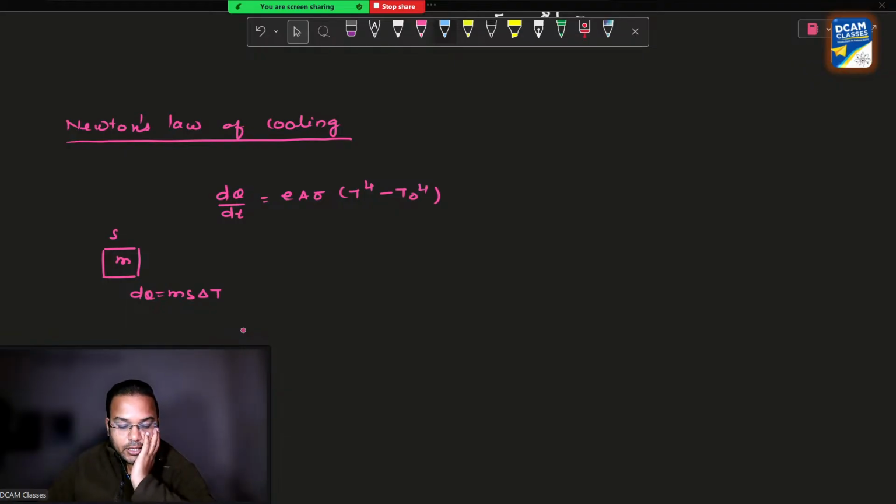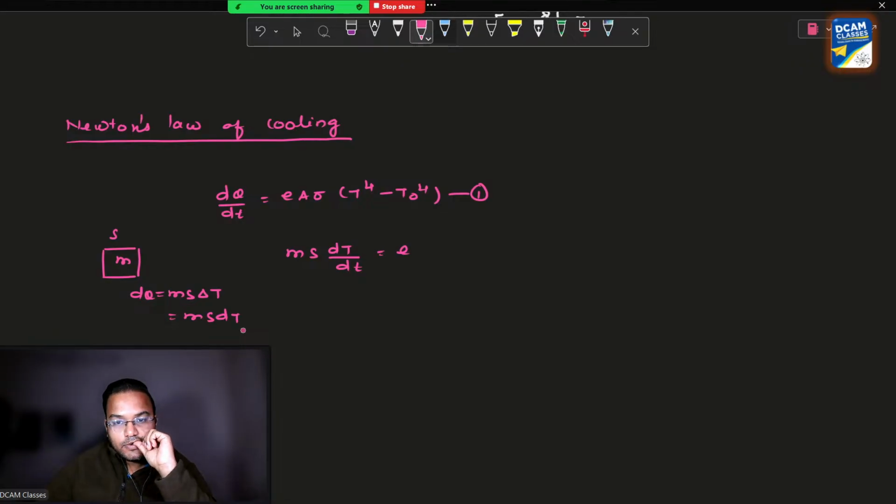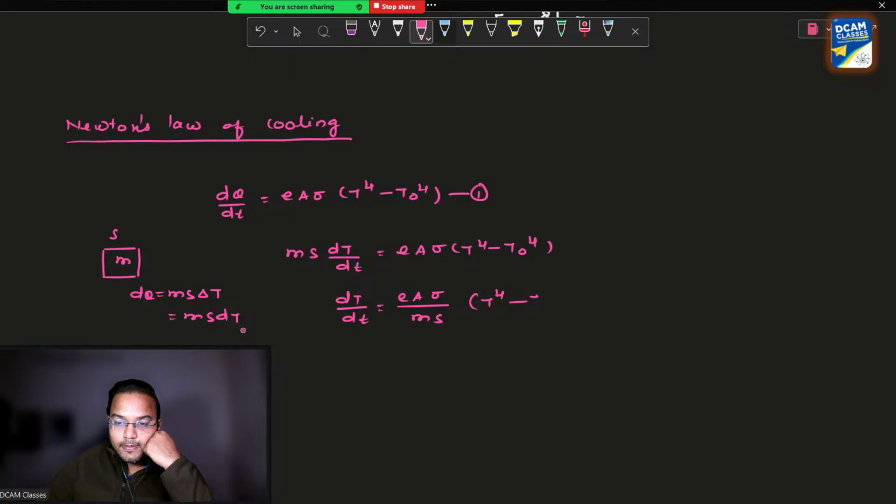Now I can write ms d temperature by dt is equal to EA sigma into T power 4 minus T naught power 4. So d temperature by dt is equal to EA sigma by ms into T power 4 minus T naught power 4.